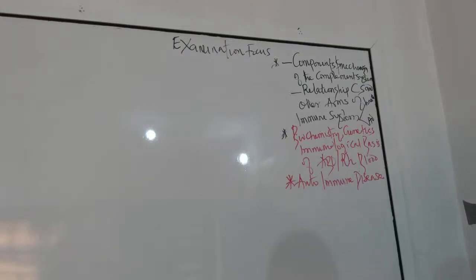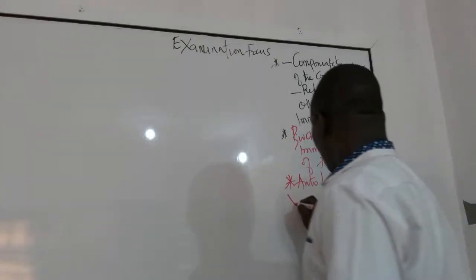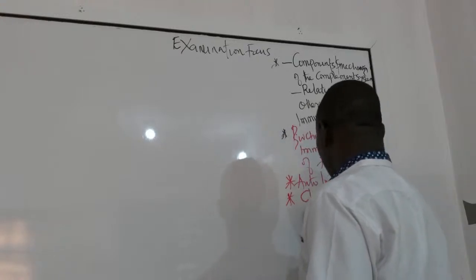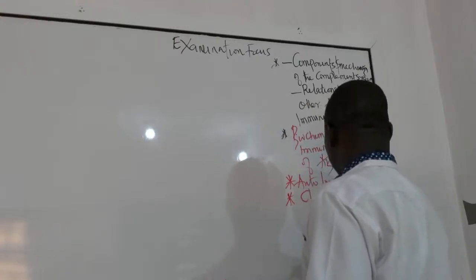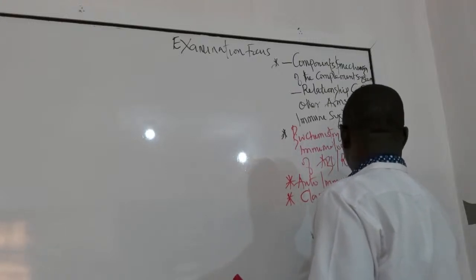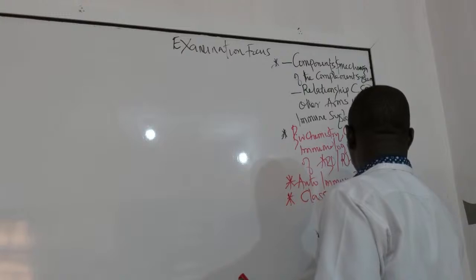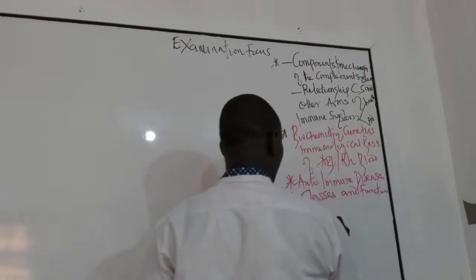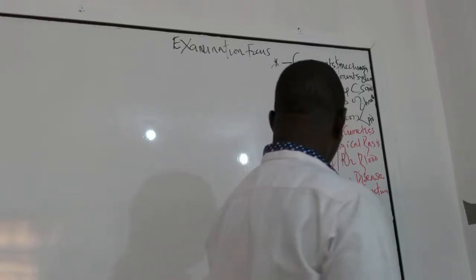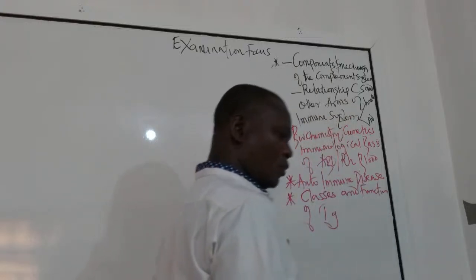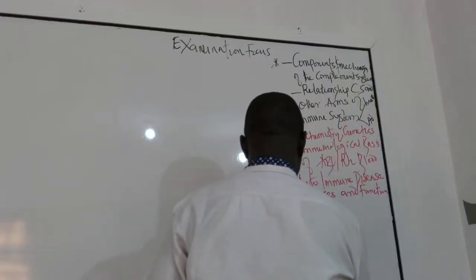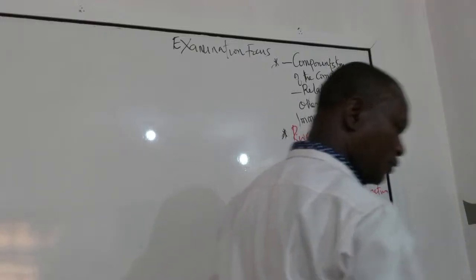After that, I want you to also expend energy on the classes and functions, classification and functions of immunoglobulin, the 5 immunoglobulins. I want you to focus on what are those classes and how do they take part in the immunological reaction.